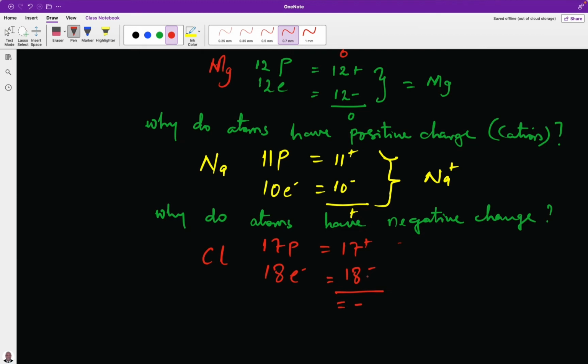It means there are more electrons, and that gives chlorine a negative charge, which is an anion. So you can carry out many more examples of why atoms have a positive charge and form cations, why atoms have a negative charge and form anions, or why atoms are neutral. These are all the simple reasons.